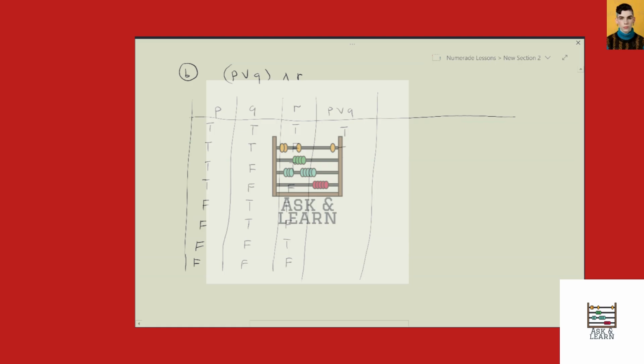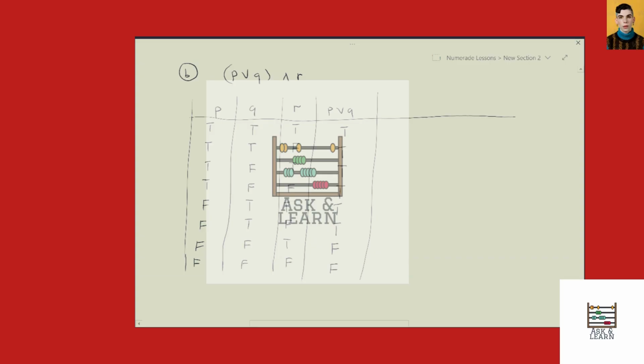Both are true. One of them is true. One of them is true. The P is false, and the Q is true. All of them are false, and all of them are false.